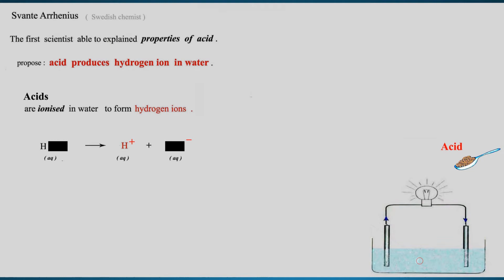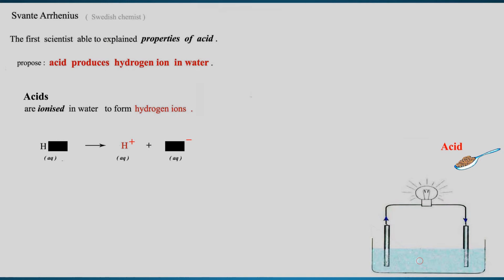Let's study further detail about this H plus ion. Because in the beginning we know all the reaction is caused by this H plus ion. Then what about the negative base? It does not take part in the reaction. So all the reaction is on the H plus ion.